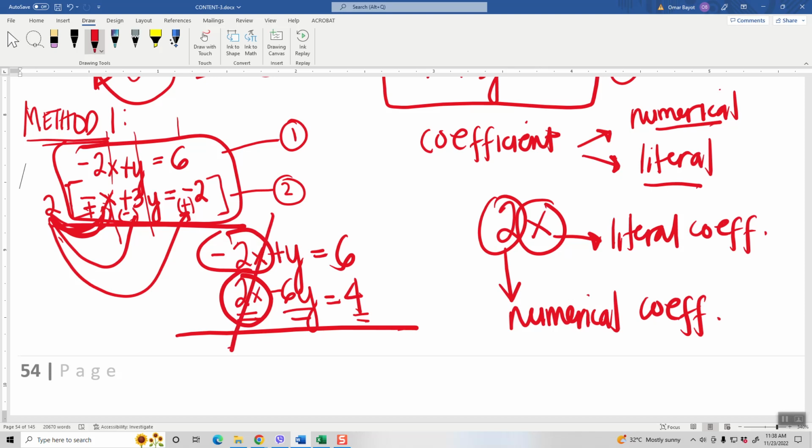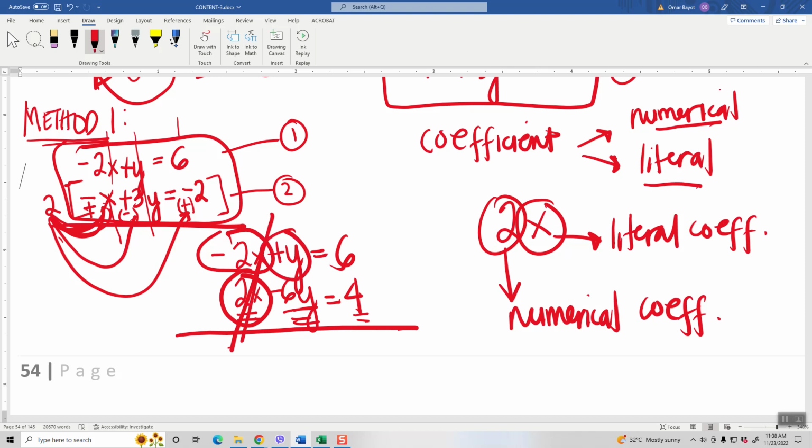Correct? May utang ka ng 2, nagbayad ka ng 2, magkano na utang mo? Wala ka ng utang. Yun ang pinaka-purpose why you need to eliminate so that wala na si x, puro y ka na lang at makukuha mo na ang value ng y. Okay? So, negative 2x and 2x canceled na to.